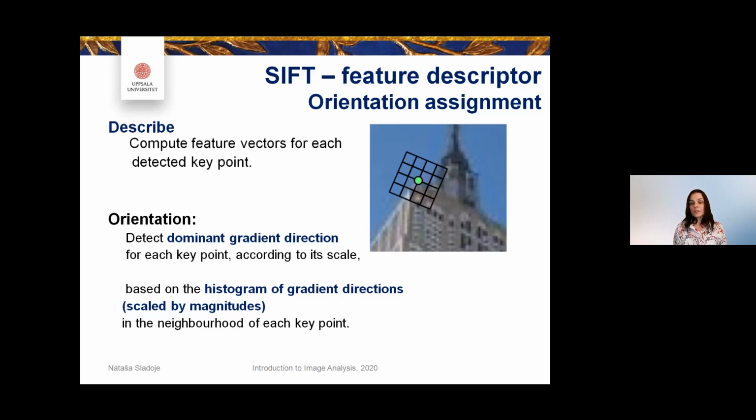By that, we in some way also detect a characteristic orientation after detecting and defining characteristic scale, and that then leads to rotation invariance of this feature detector.